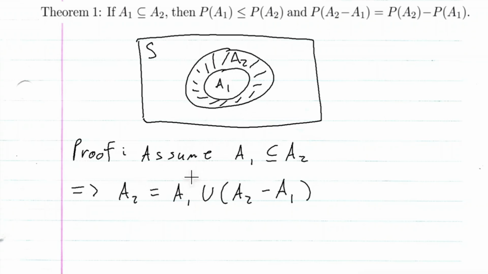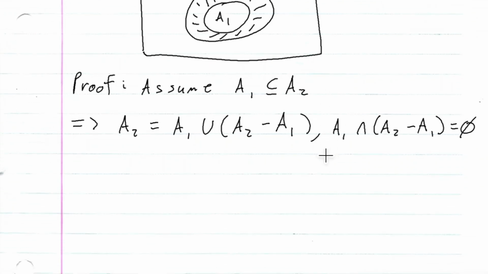And notice that I created two mutually exclusive events. A sub 1 is this unshaded piece here, and A sub 2 minus A sub 1 is this shaded region here. So I know that A sub 1 intersection A sub 2 minus A sub 1 is equal to the empty set, meaning these two sets are mutually exclusive.